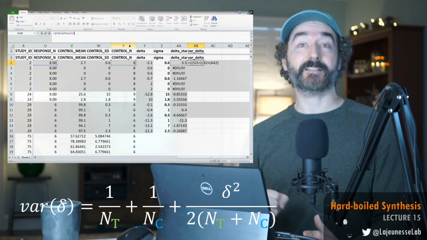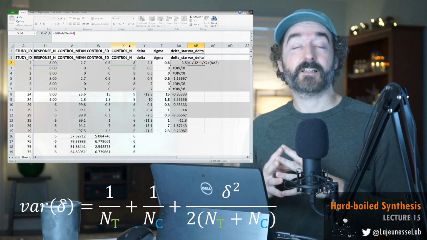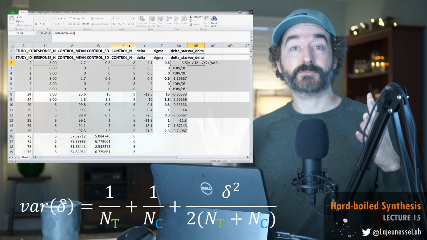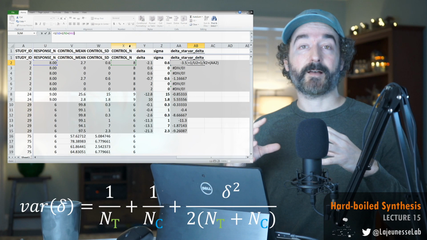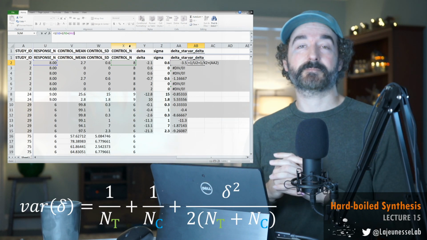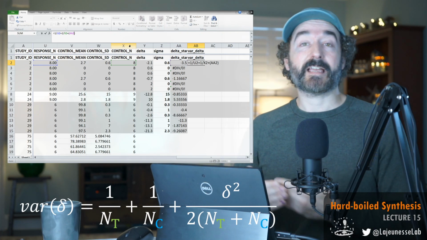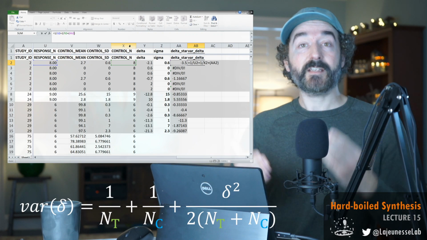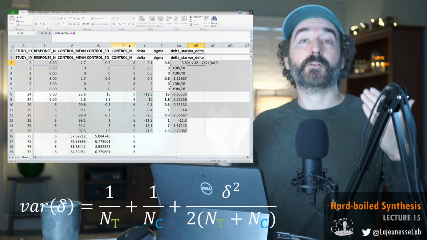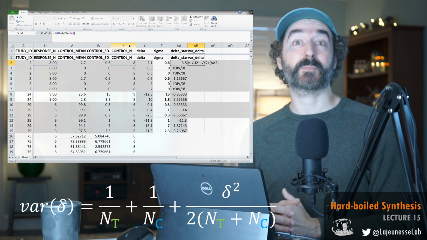To me, that's not a big deal, because delta has a non-central t distribution as its underlying distribution. To estimate the mean and the variance of a t distribution, you have to include the mean in it. That's a property of the distribution itself.